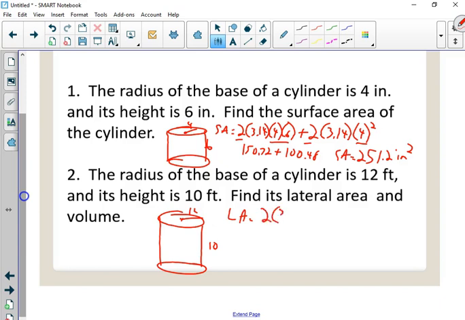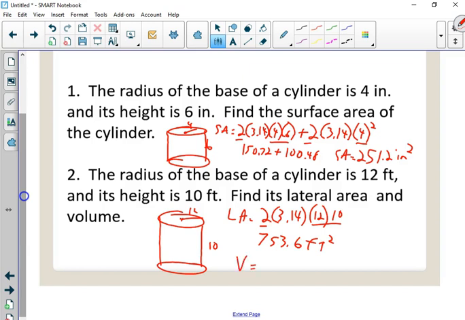So 2 times 3.14, which is pi, times r, which is 12, times h, which is 10. So 12 times 10 is 120. Double that is 240 times 3.14. The lateral area is 753.6 square feet.